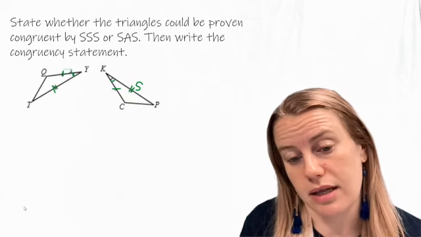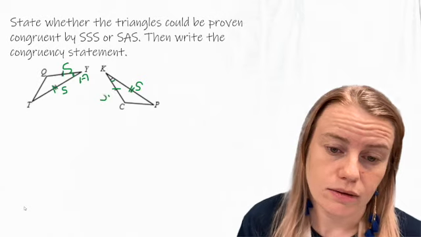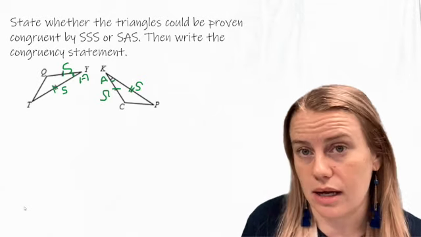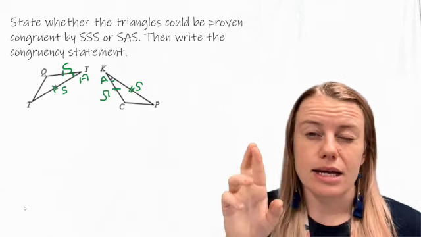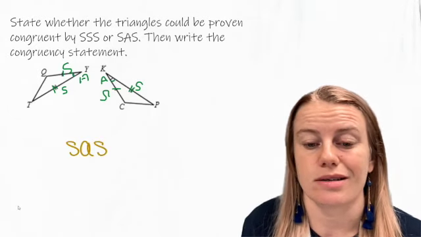So I write side, angle, side on that triangle, and I've got side, angle, side on this triangle. Is that angle in between those two sides? Yes, it is. So this is our side, angle, side.